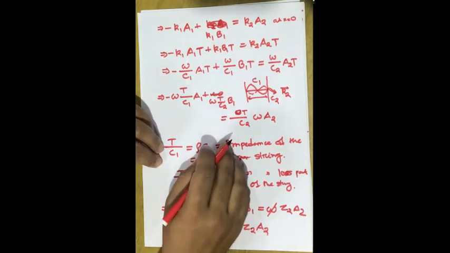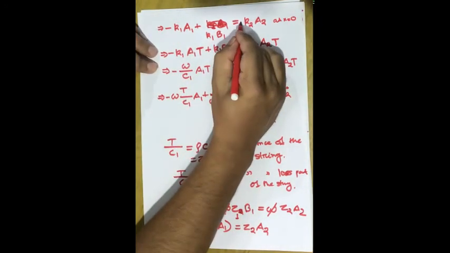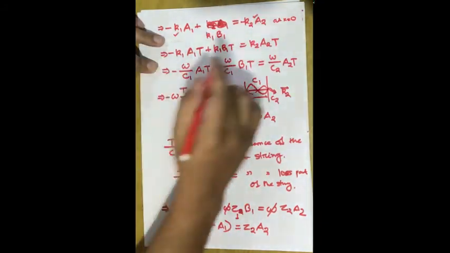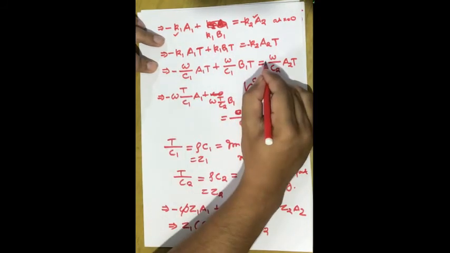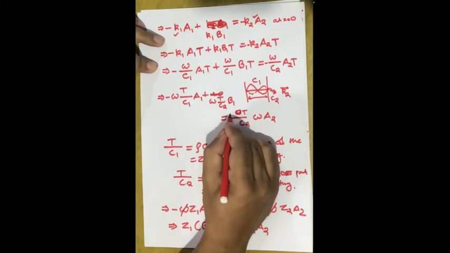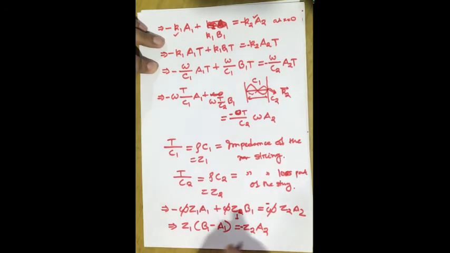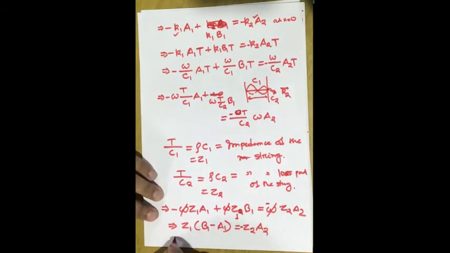Okay, I made a mistake here. There was a minus sign here, because these two things are almost equal in structure, so this will be minus, and this will also be minus. If we multiply by minus, then Z1 into A1 minus B1 is equal to Z2 into A2.